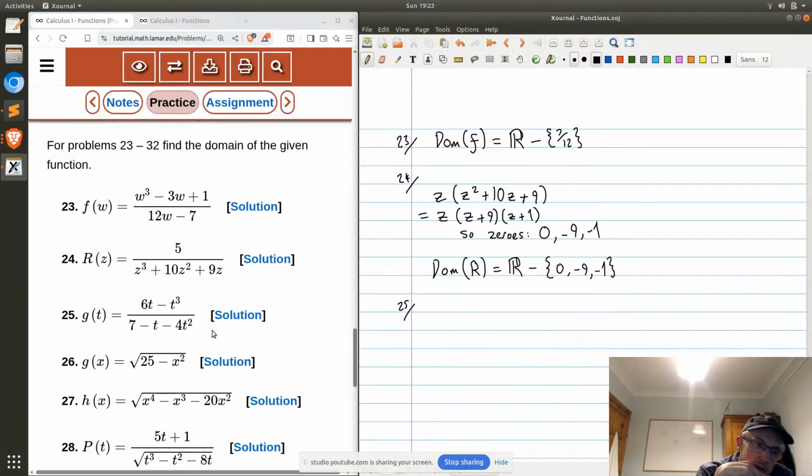And so, yeah, it's not factorable. Darn it. So no matter.